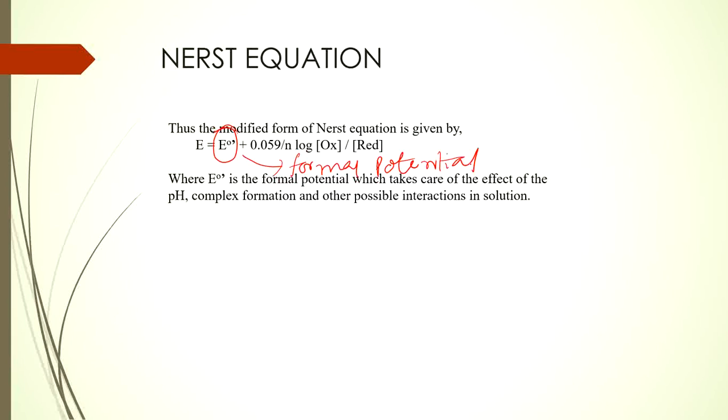But if you are having conditions which are affecting the standard potential, for example the effect of pH, or complex formation, or precipitation, or different possible interactions in solution through which the actual concentration may be changed, in that case we will not use the standard potential, instead we will use the formal potential, and that we can get through the modified form of this Nerst equation.